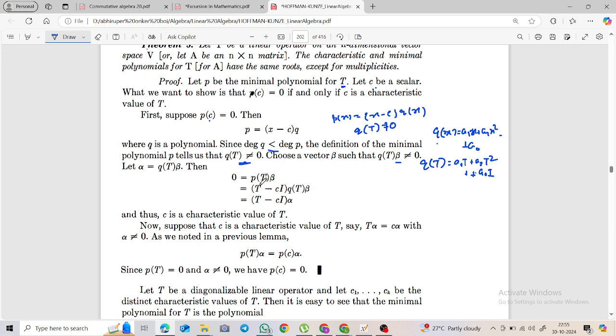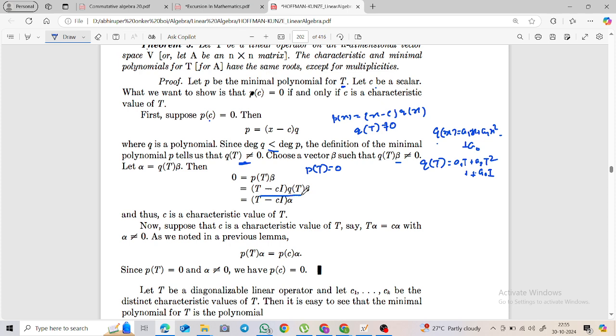Now see, P(T) beta is 0, right? Because P(T) is the 0 operator. T satisfies P. Alpha equals Q(T) beta, then P(T) beta equals 0. Yeah, P is the minimal polynomial of T, so P(T) is 0, so P(T) beta is also 0.